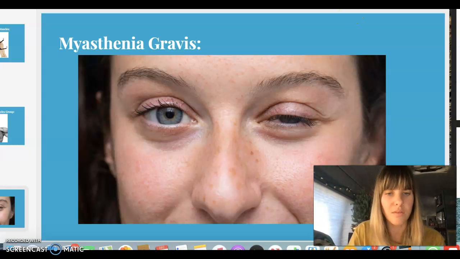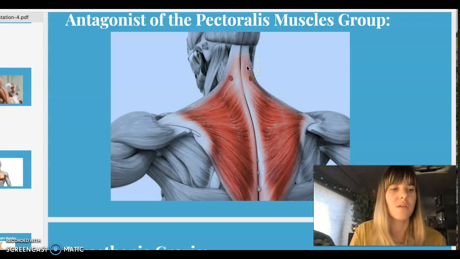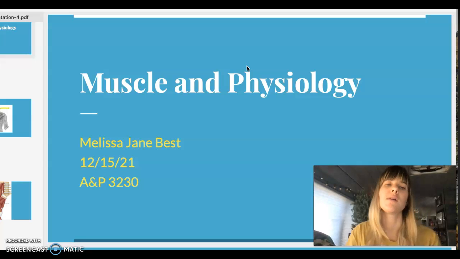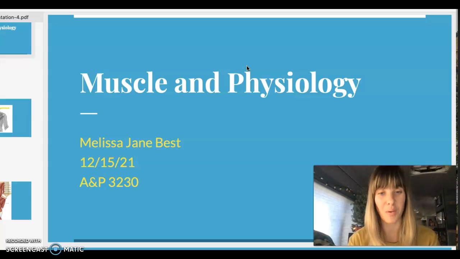I'm just going to move this back. All right, we're going to go all the way back up to our muscle and physiology, and that gives you an overview of a good portion of how they work together to keep our body safe and make sure that we're able to contract our muscles and also relax our muscles.